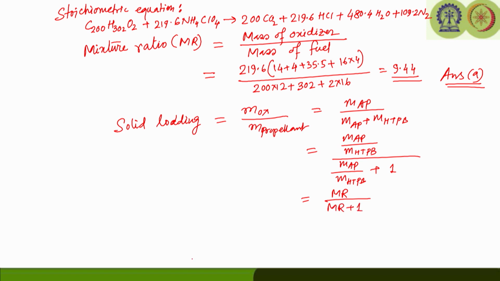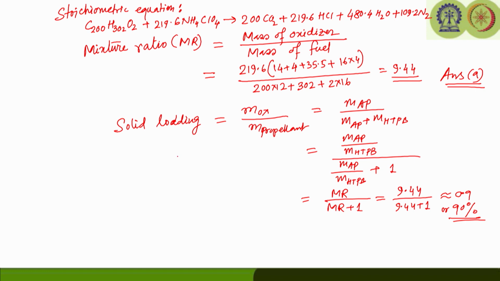If you put in the value of MR we just found, 9.44, it is 9.44 divided by 9.44 plus 1. One can calculate this; it will come to around 0.9 or 90%. So, you can see it is a very high solid loading in the propellant.